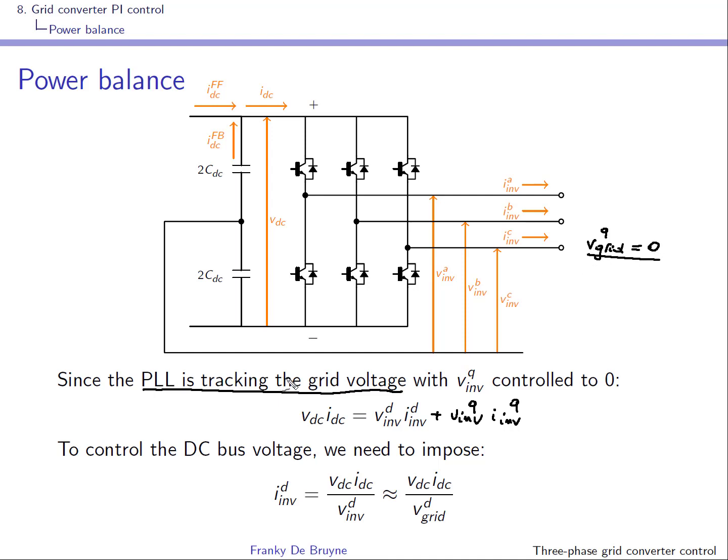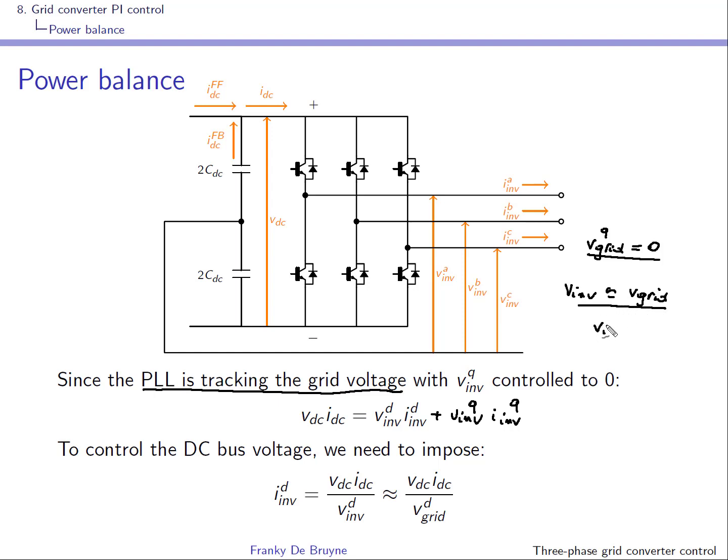Using things that are explained in section 7 that I've skipped, you can show that Vinf, the inverter voltage, will be very close to the grid voltage. There will actually be a little phase shift, but very small. So this is an approximation that we can make.